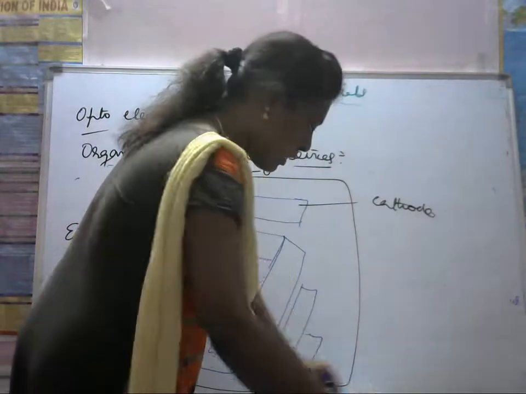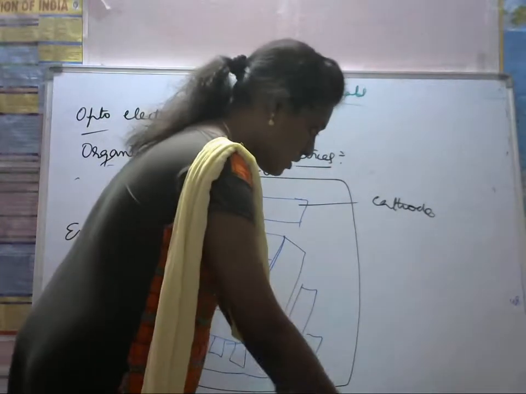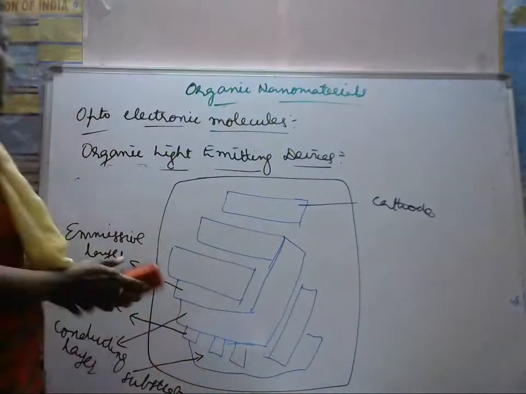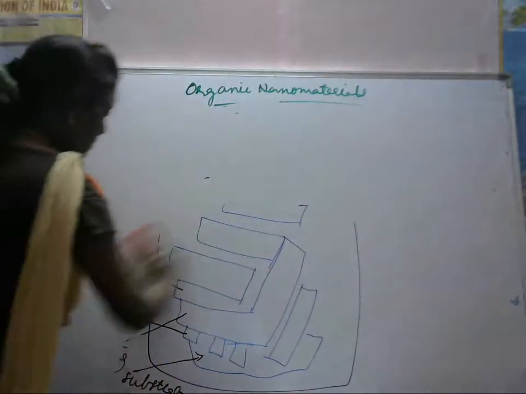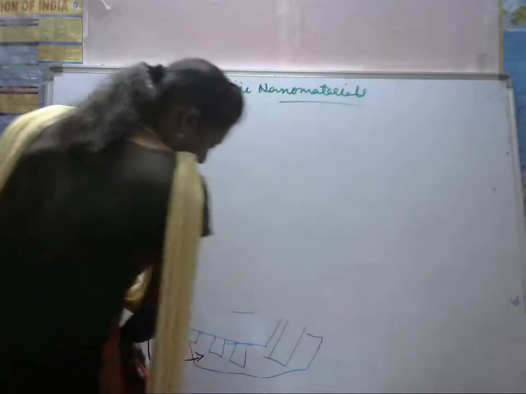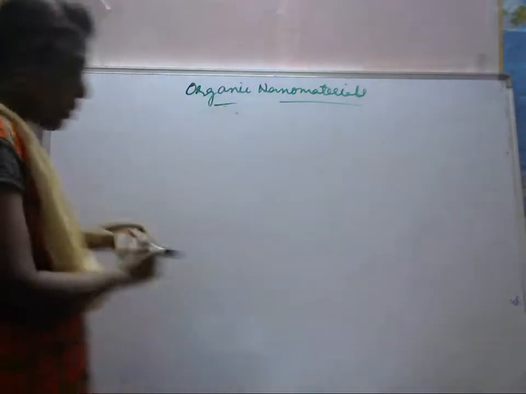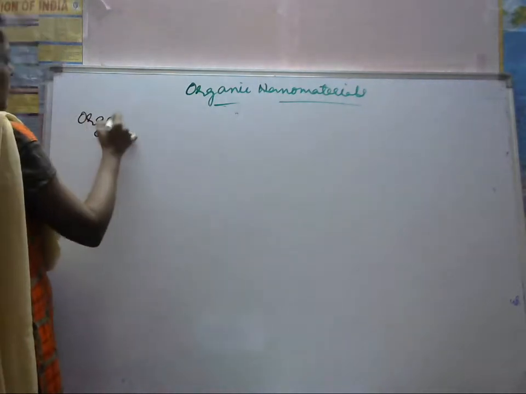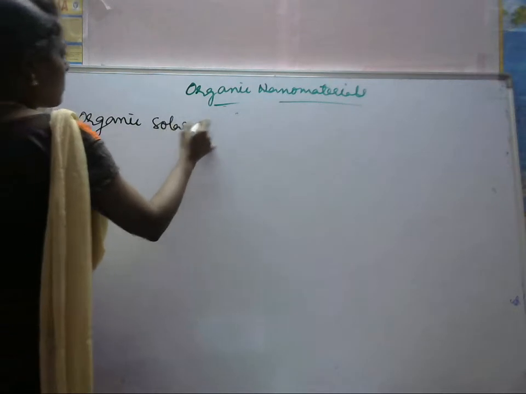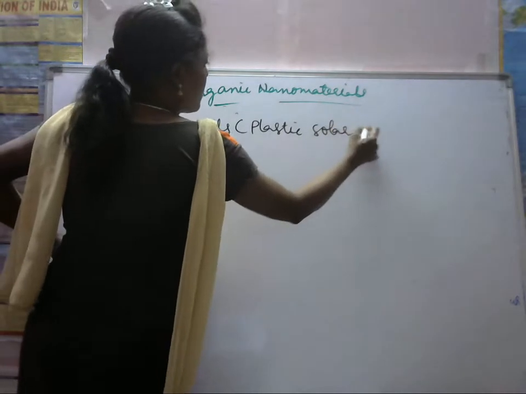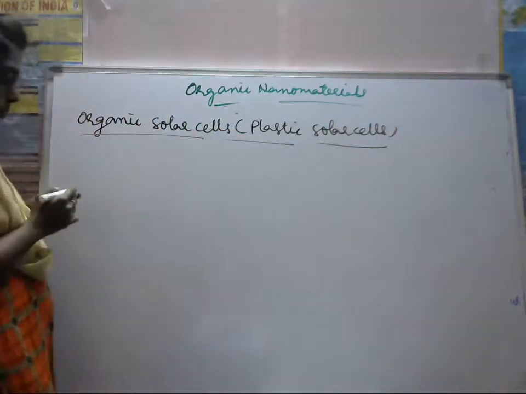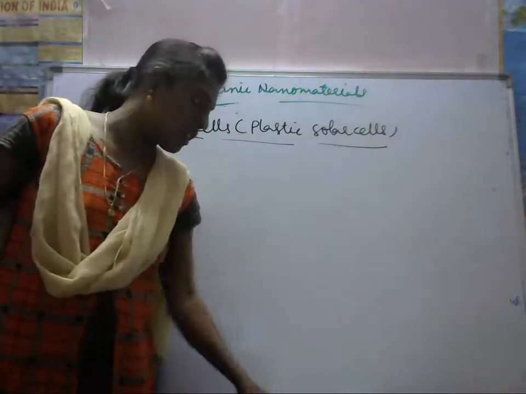Next one, organic solar cells, also called plastic solar cells. Here what we are using is sunlight.